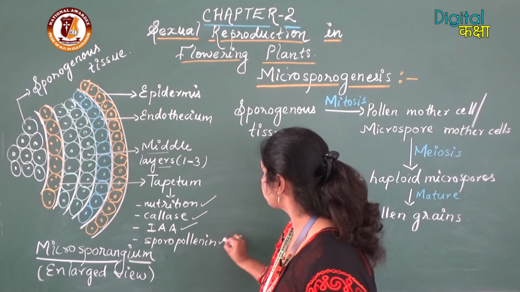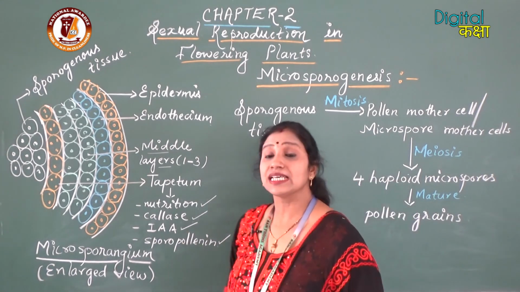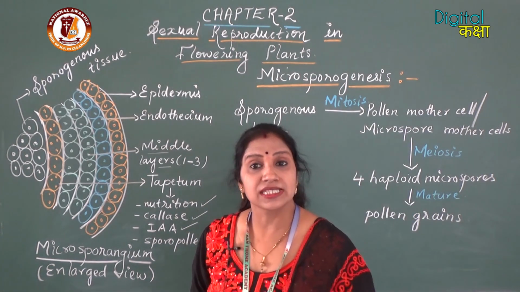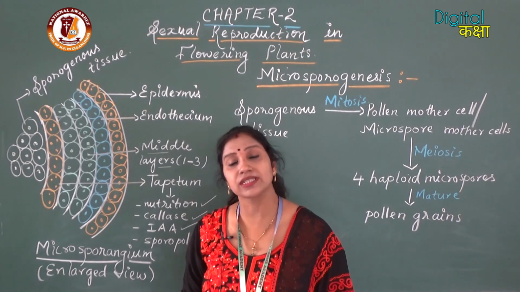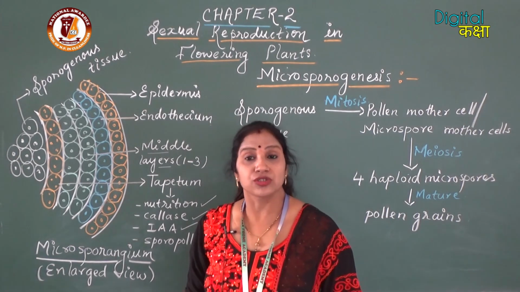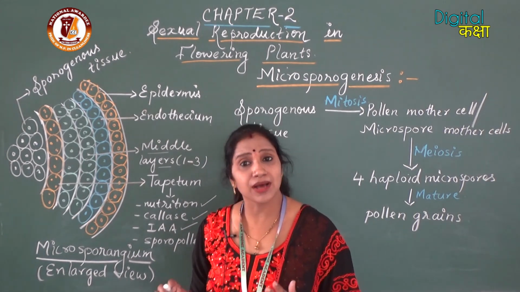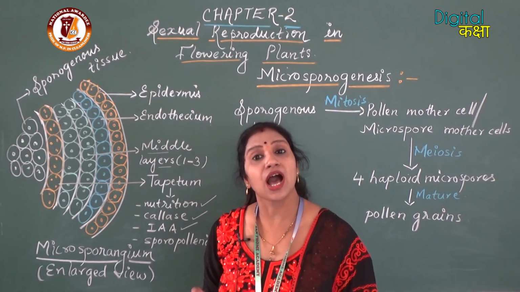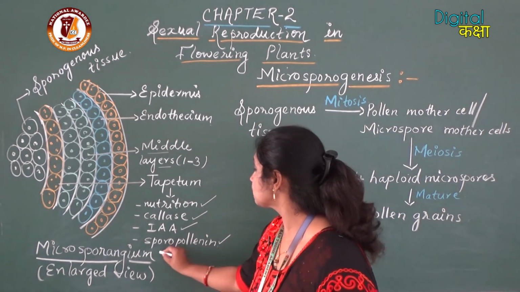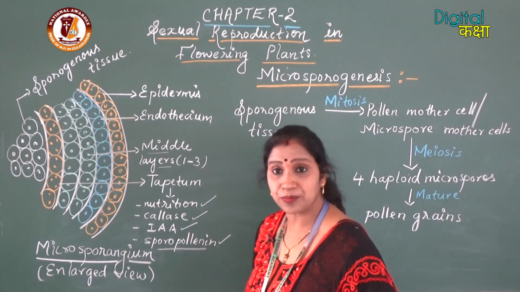Now coming to the fourth function, that is secretion of certain chemical constituents of the pollen grain. The pollen grain is made up of a number of proteins and some other chemical constituents. Out of that, the constituent sporopollenin is very important.